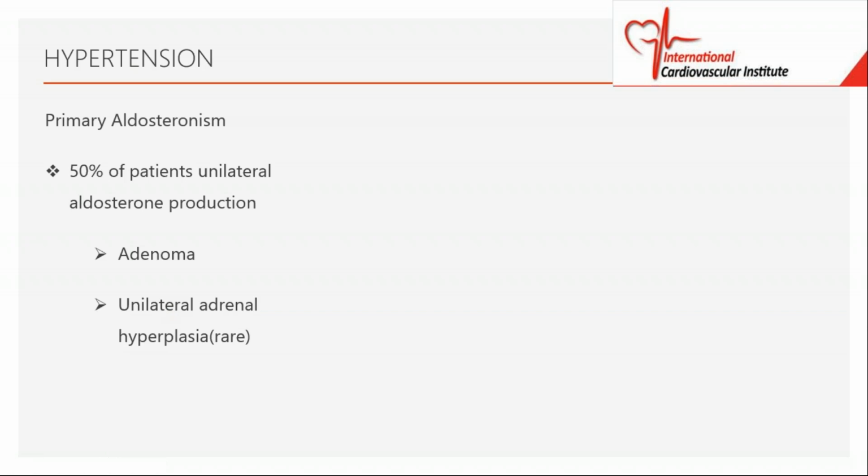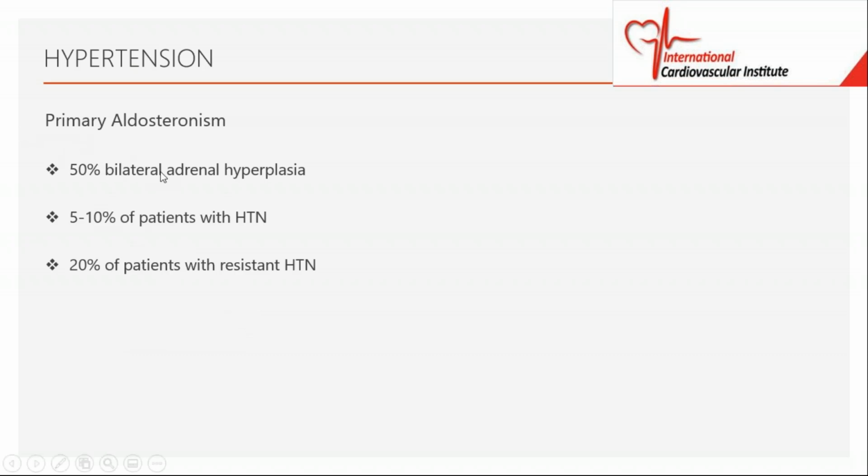When we say hyperplasia, there's increased cellularity, which causes the production of the aldosterone. Or it could just be a tumor, an adenoma, but 50% is going to be unilateral. The other 50% is bilateral. About 5 to 10% of patients with hypertension usually have bilateral adrenal hyperplasia. And about 20% of these patients have resistant hypertension.